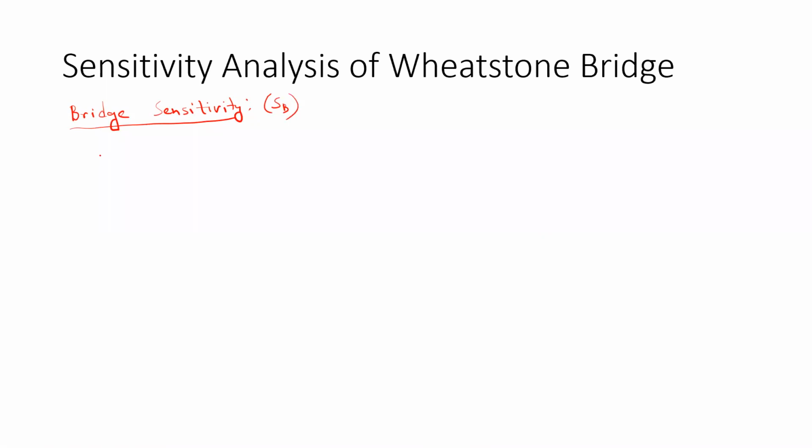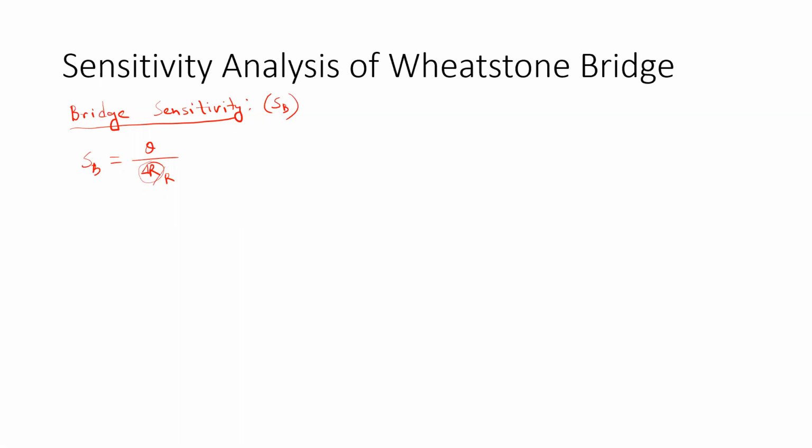As we are talking about bridge sensitivity, bridge sensitivity is defined as the deflection per unit fractional change in resistance. As we are talking about overall bridge sensitivity, this delta R is actually causing the unbalance in the bridge. So we can refer to the bridge sensitivity as the ratio of the deflection to the fractional change in the resistance.